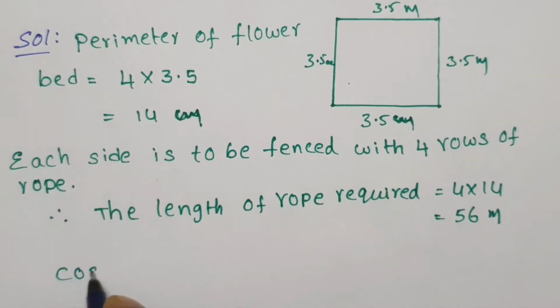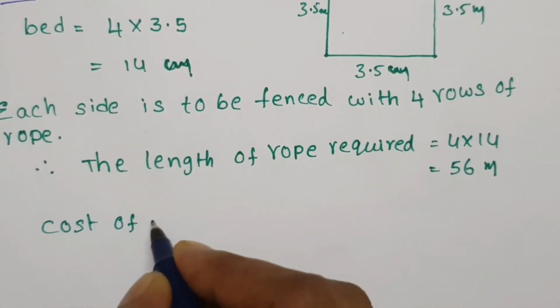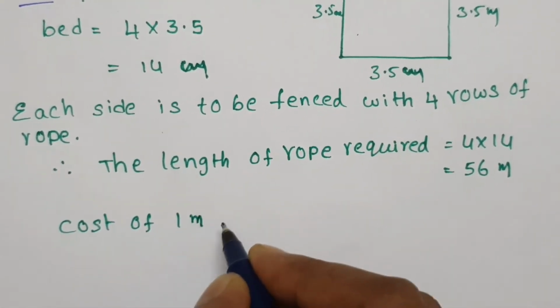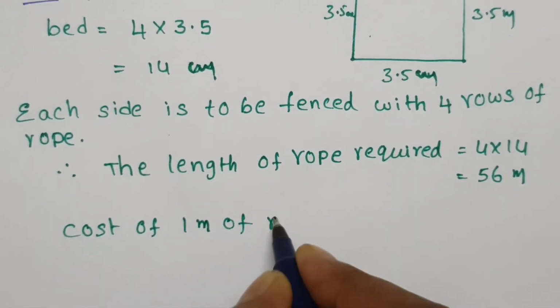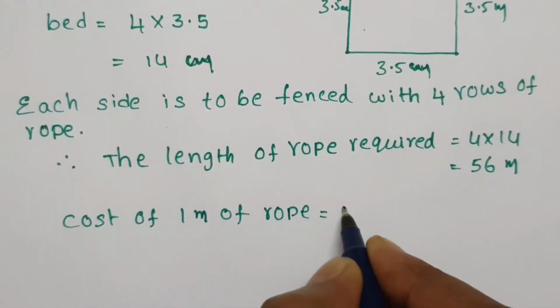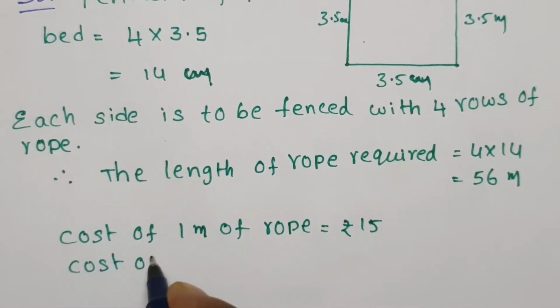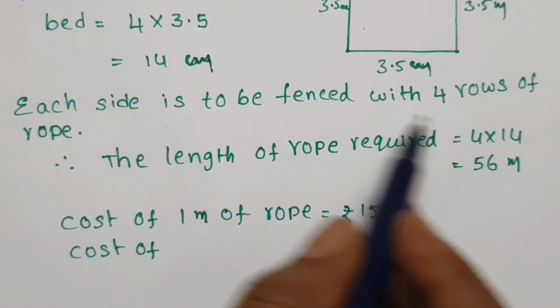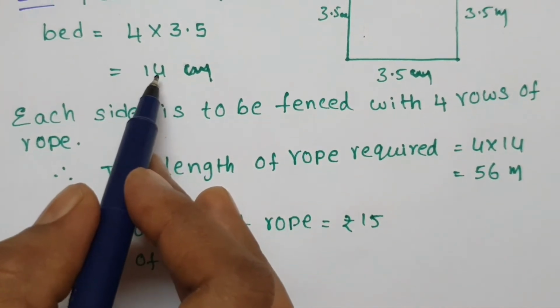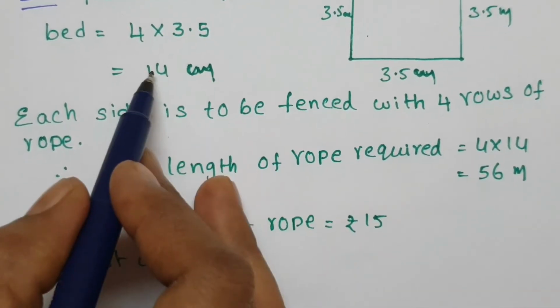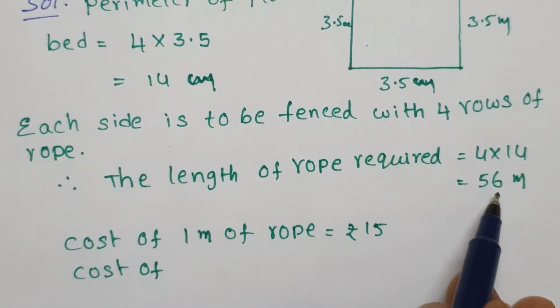Now cost: per meter means 1 meter of rope equal to 15 rupees. Here we get perimeter 14, 4 rows they given. 14 into 4, we get 56.